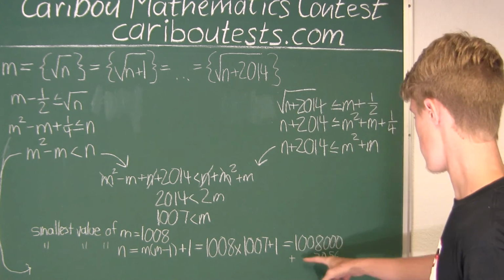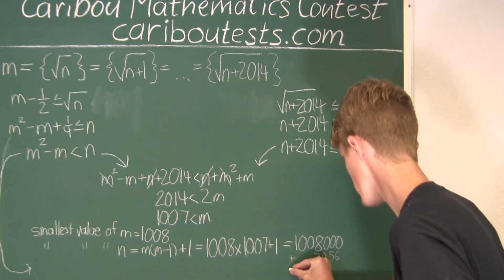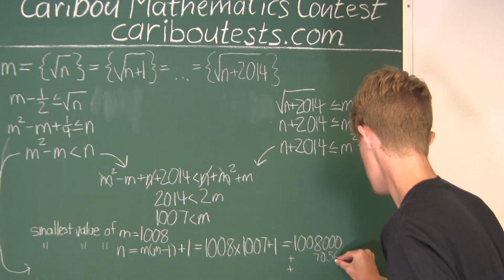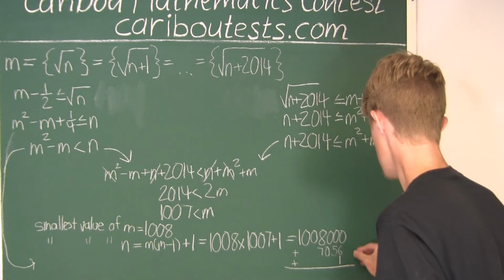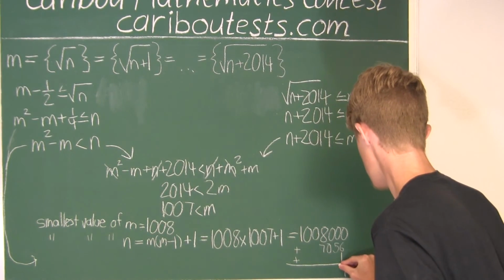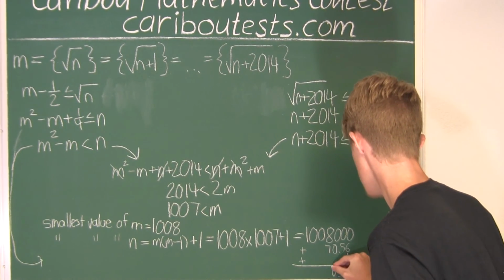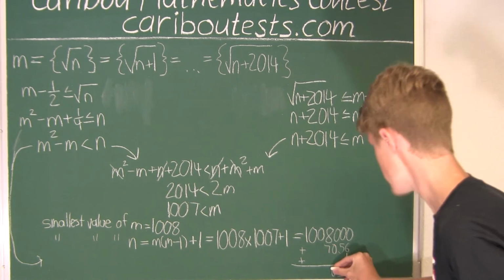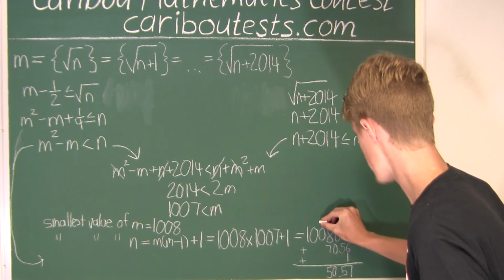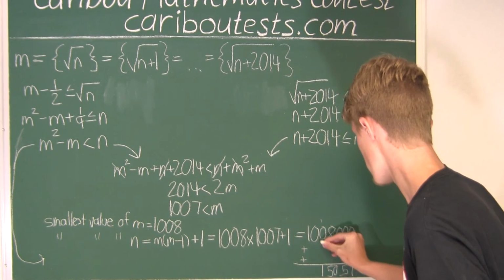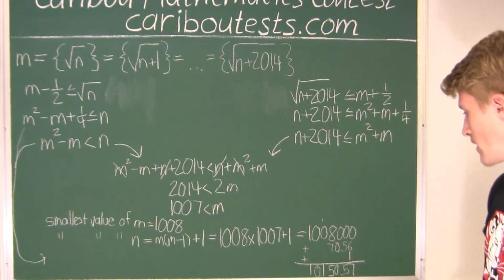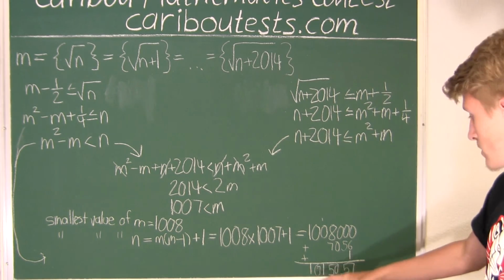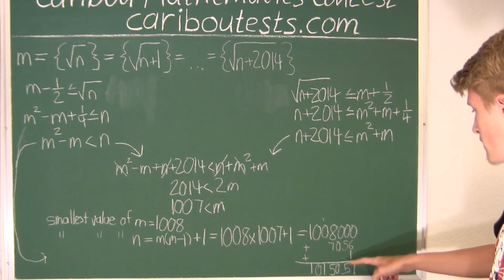So we have this plus that, and of course, plus 1. And that gives us, well, here we have 7, 5, 0, and now we have 8 plus 7 is 15, 5, carry the 1, now we have 1, 0, 1. So our end result is 1015057.